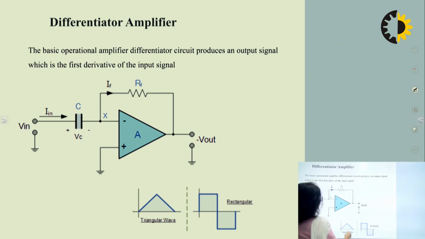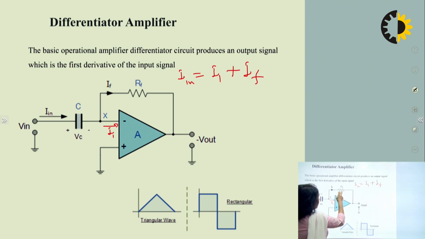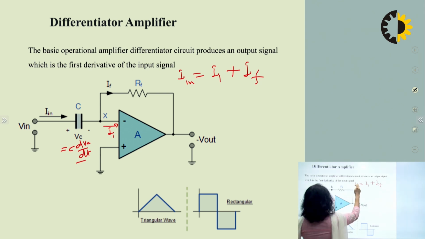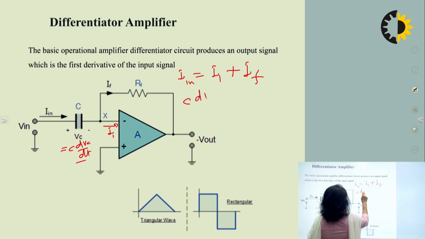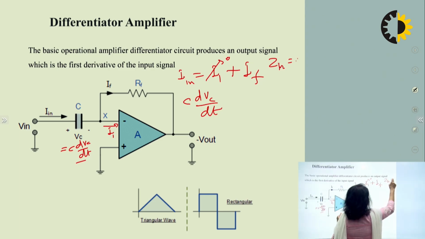So again write the equation. Suppose this is your I1, so I input is equal to I1 plus IF. Here the current flowing through the capacitor is C dVc over dt, and this will be equal to 0 because the input impedance is infinite.